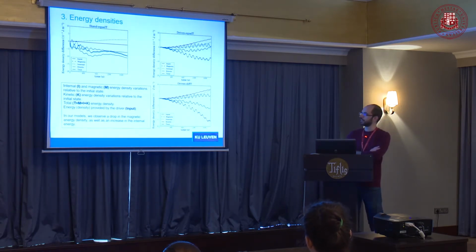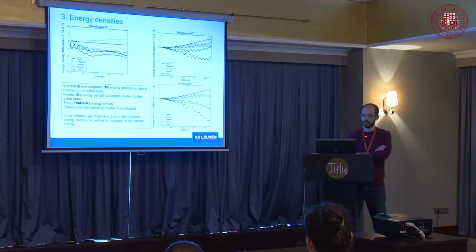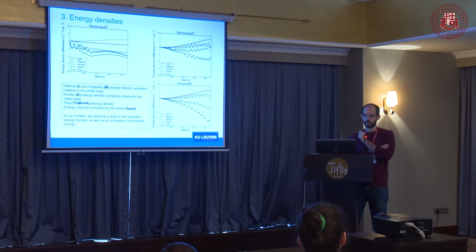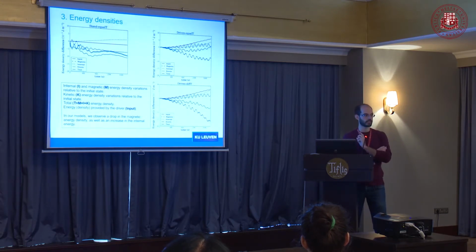There are quite a few things that could be discussed here, but the most important one that I would like to focus on is the relation between the magnetic energy, or energy density, and the internal energy density. Now, before saying anything else, I have to clarify that these are volume averaged quantities, but they are over a stable, constant volume. So I'm going to use the terms energy and energy density interchangeably, but they are exactly the same thing here, qualitatively.